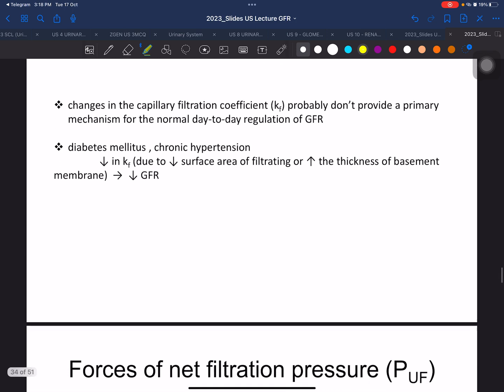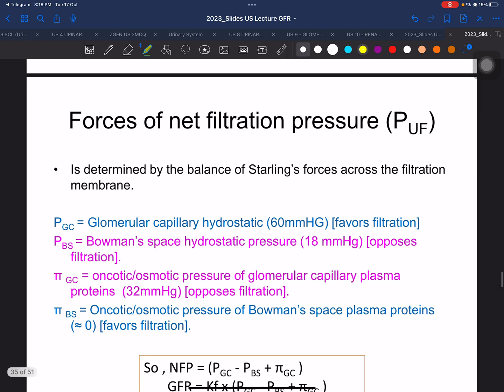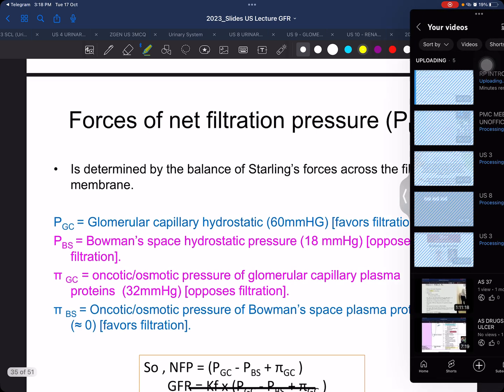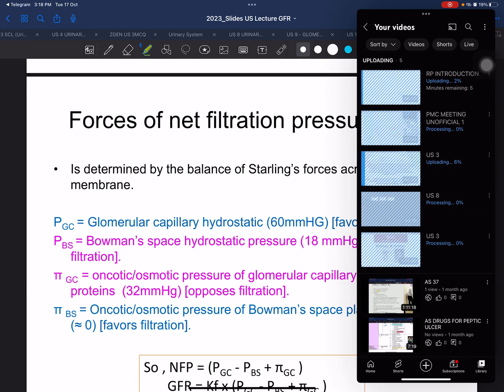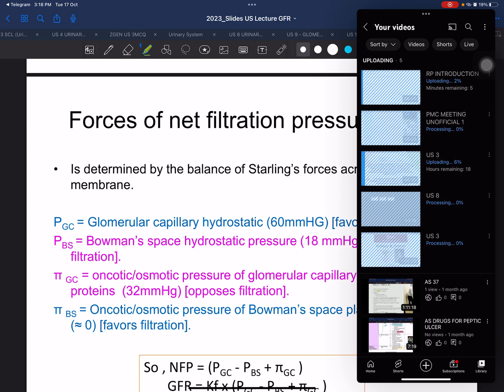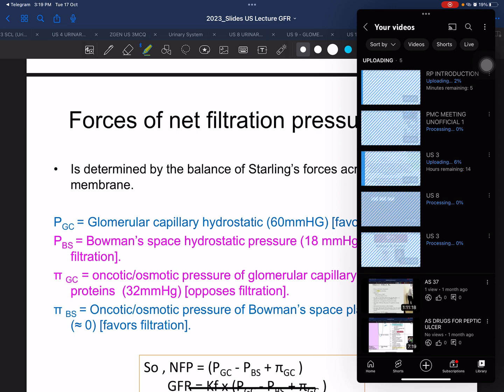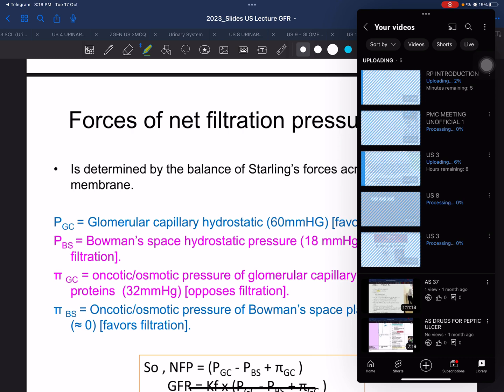The most important factor affecting GFR is the forces of the net filtration pressure. It is determined by the balance of the Starling forces across the filtration membrane. So we have hydrostatic and osmotic or oncotic.